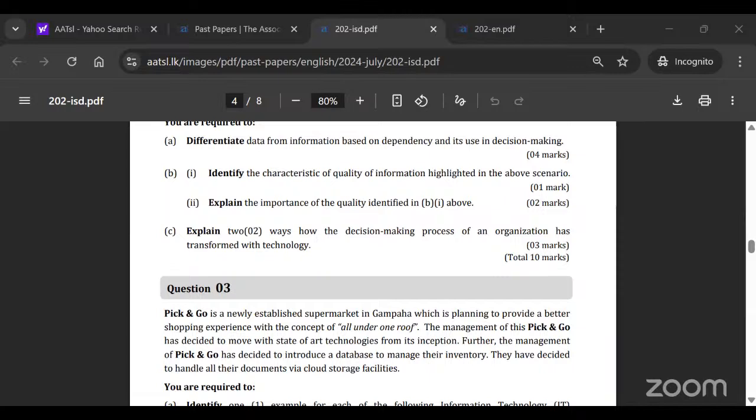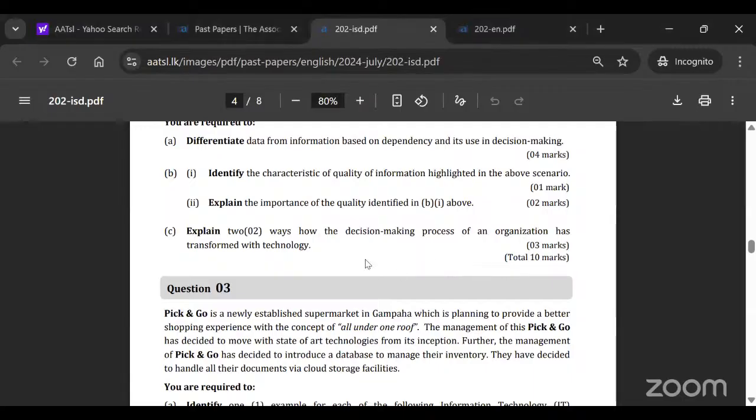Right. We'll go to the next question then. Second question, it says B1 and B2.